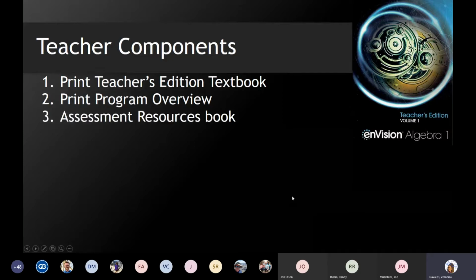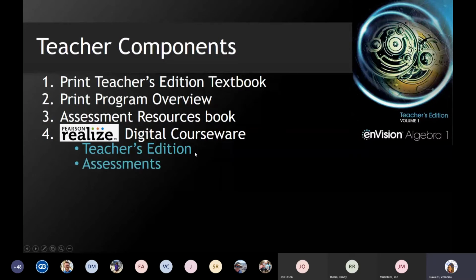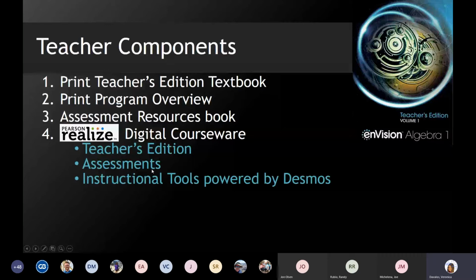There's an assessment resource book that comes along with that. They also get access to the Pearson Realize digital courseware, just like the students. The difference is with the teacher component, you'll also get the e-text, the interactive teacher's edition, and the assessments that you'll be able to not only access, but also customize and modify in different ways.